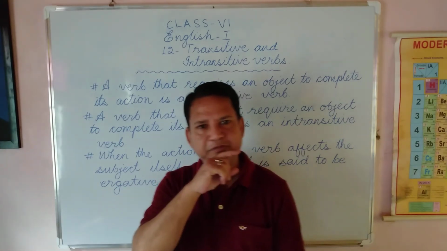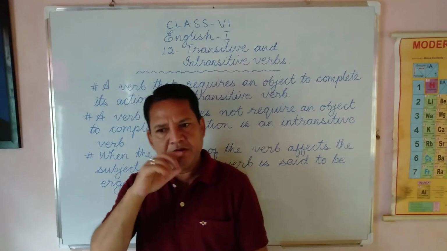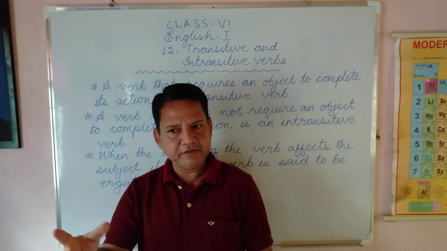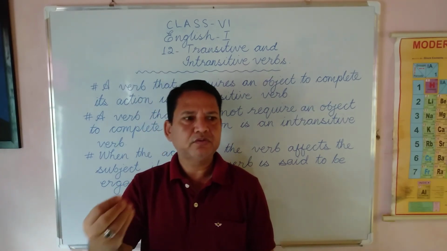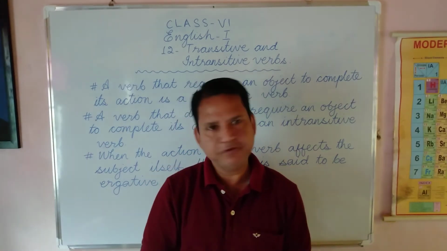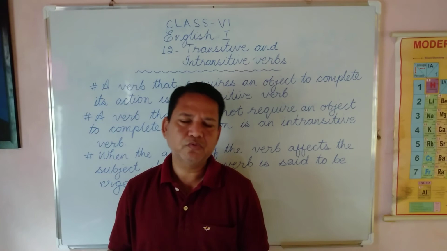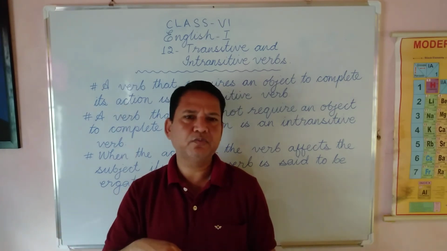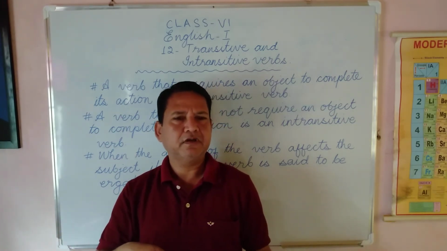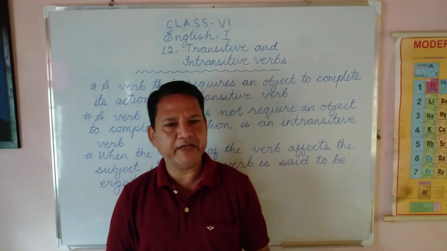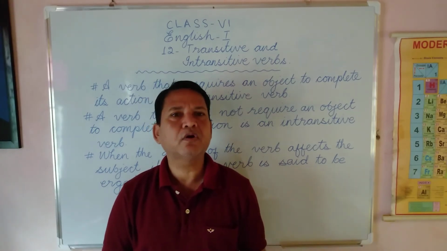Just now we did subject complement. Subject complements means some words are added to tell more about the subject. Same way, object complements, some more words are added with the object, to give them more meaning. It's called object complement.